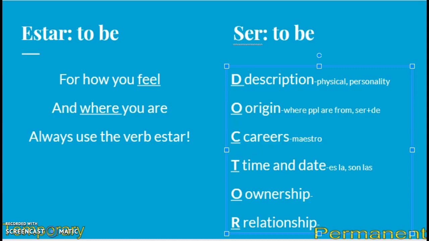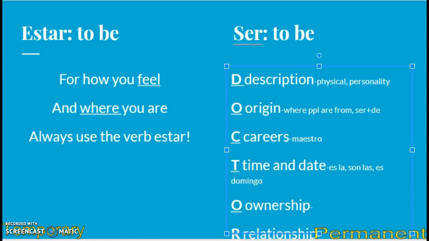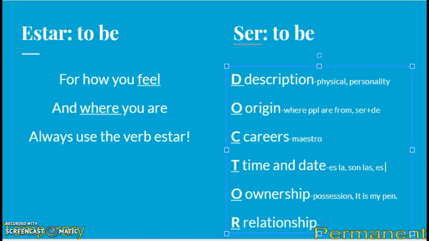When you're saying the date, like es domingo, for instance, then you'd use ser as well. Ownership is possession. So if I want to say it is my pen, I would use ser as well. And then last one, relationship. Could be family relationships, friends.